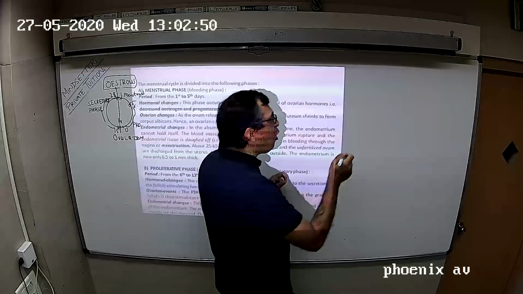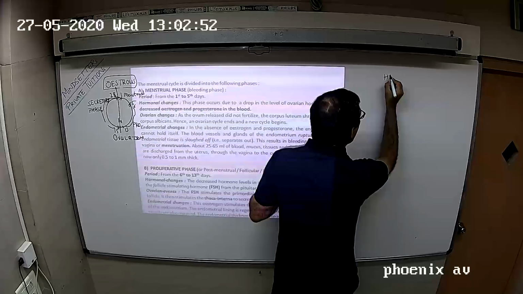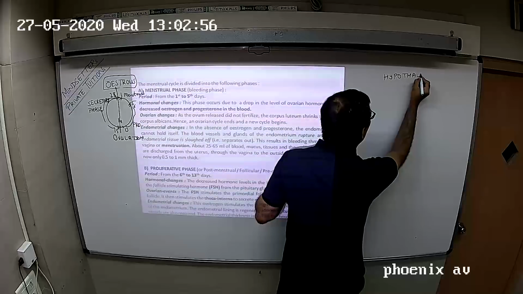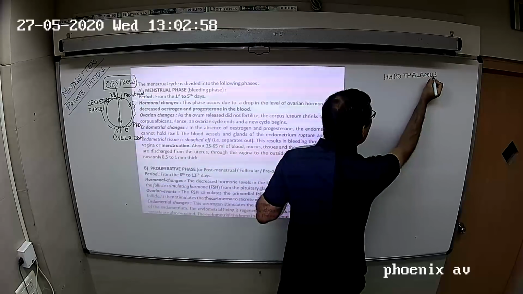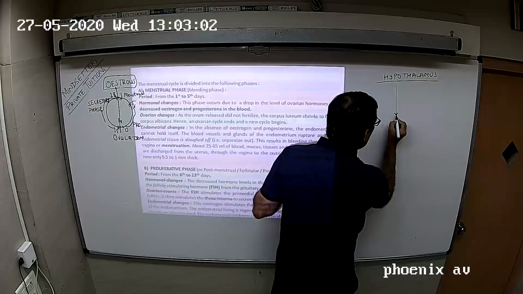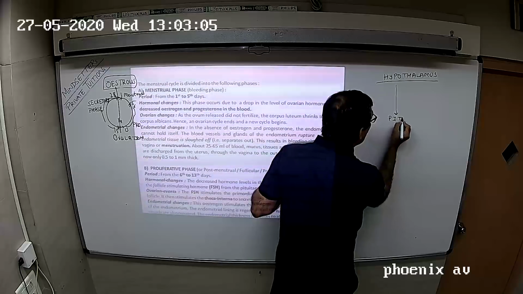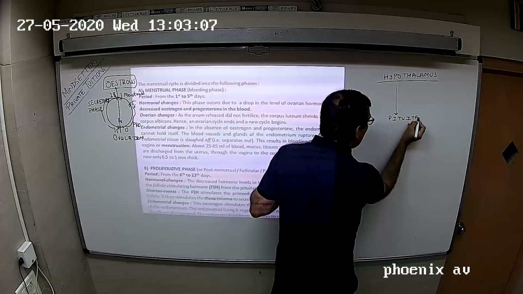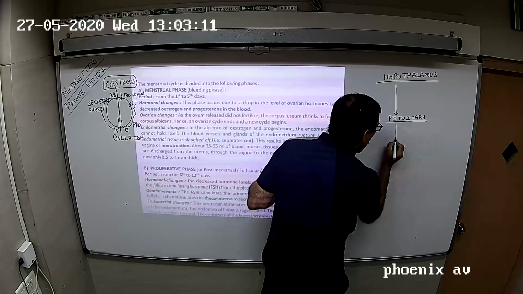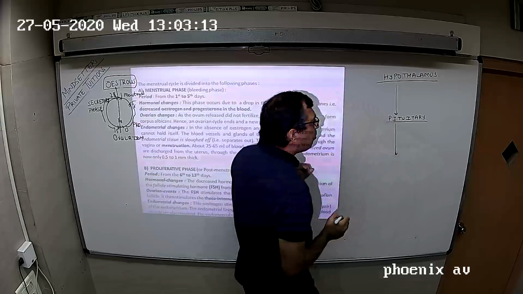You have heard, in your brain is your main biological clock called the hypothalamus. Hypothalamus controls your pituitary gland, and pituitary gland controls all the other glands of the body.